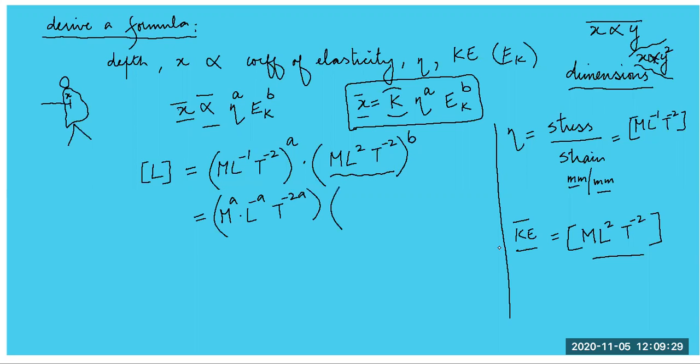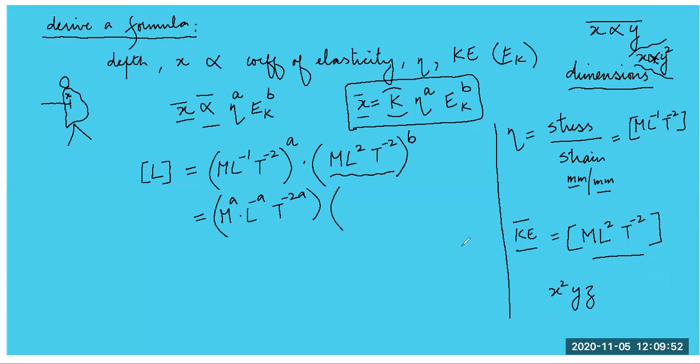Now multiply b by all the powers, this is just mathematics. Like when you do (x^2 y z)^3, it will simply be x raised to power 6, y cube, z cube. A simple thing.